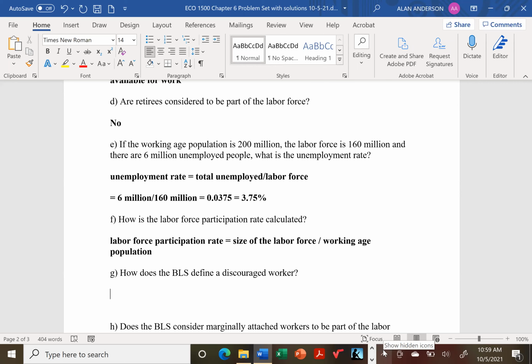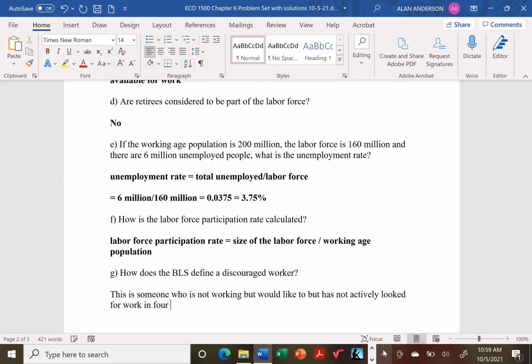Discouraged worker. Okay. Now, discouraged means this is someone who's not working, but would like to. But has not actively looked for work in more than 4 weeks.